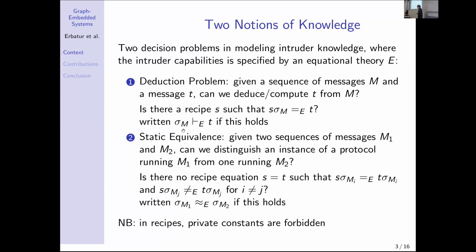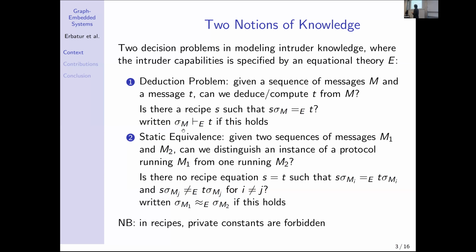And another problem corresponding to an equivalence problem is called static equivalence. In that case, again, we have substitutions representing sequences of messages, and we want to determine if we can distinguish one substitution from the other one.